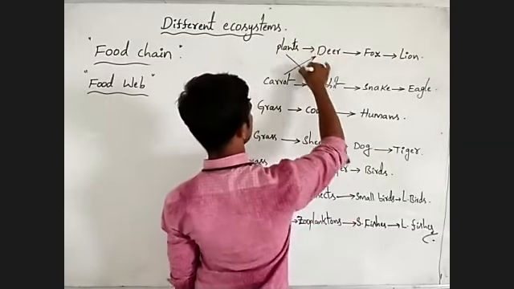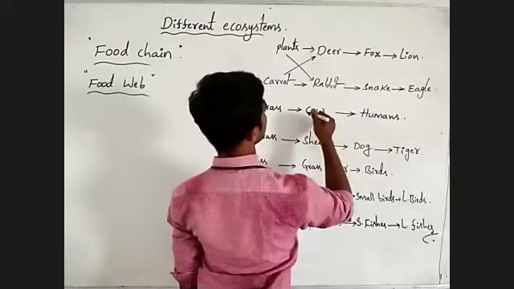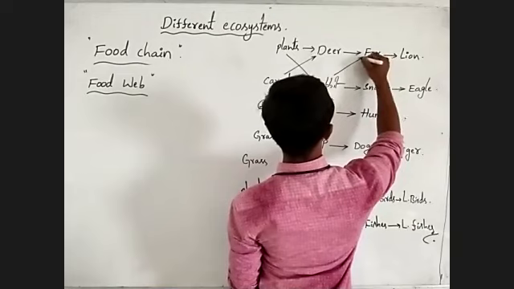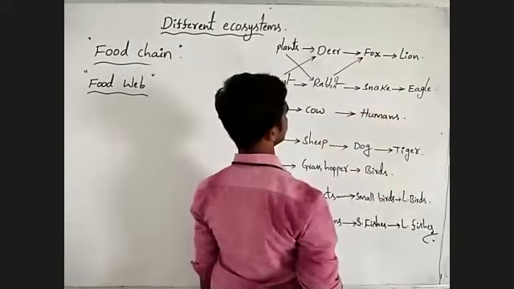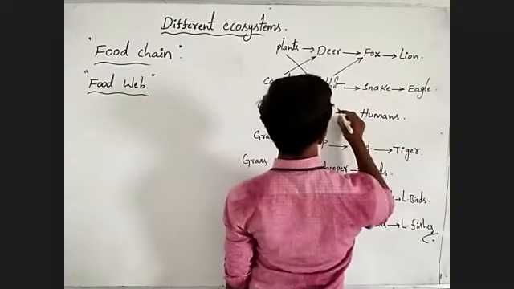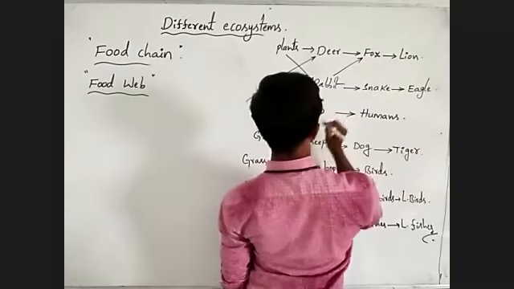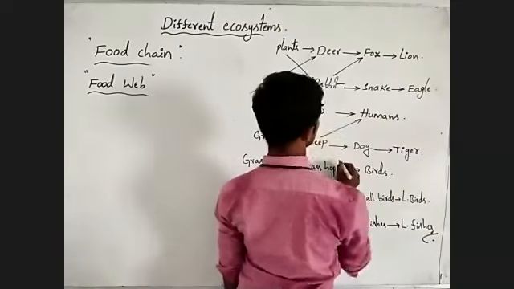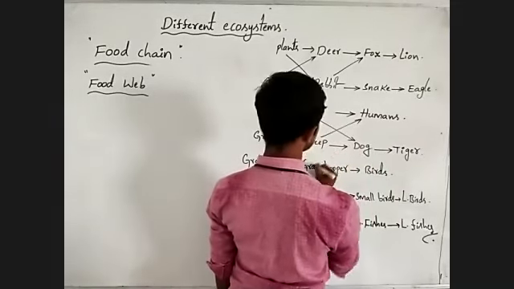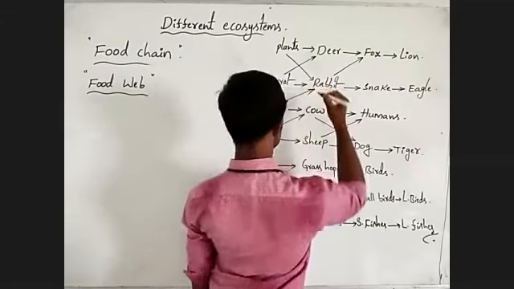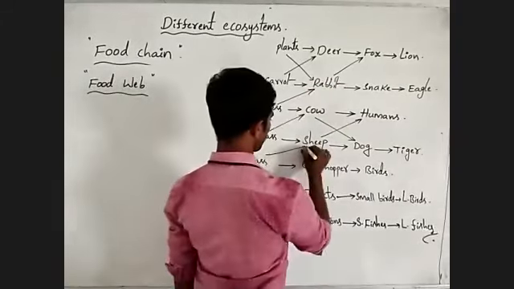Plants can be eaten by rabbit. Next, foxes can eat the rabbit. Next, cow, sheep, human beings, cows, dogs, grass, cow. Observe.